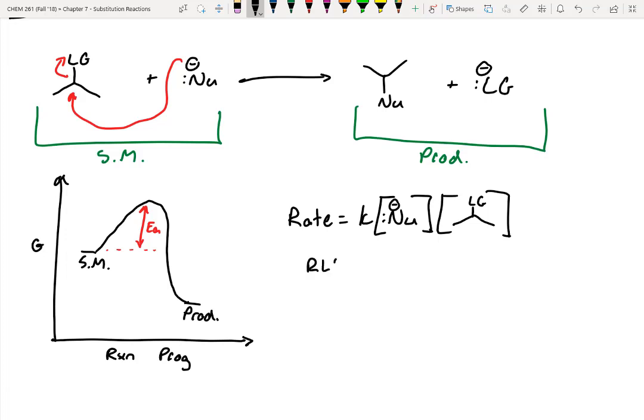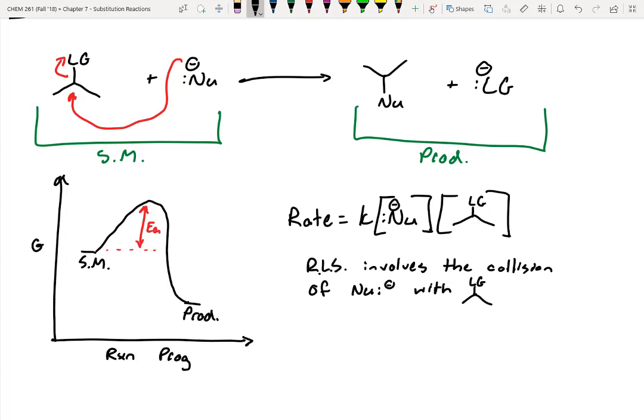So I'm going to call this rate limiting step RLS. It involves the collision of Nu with a negative charge with our other starting material.